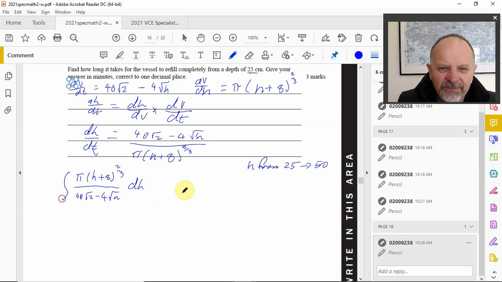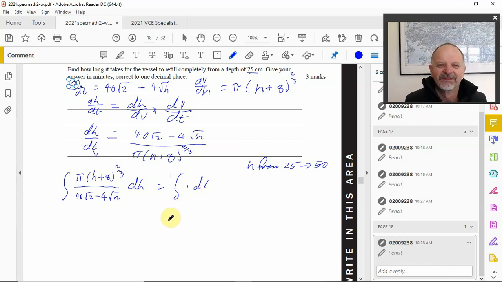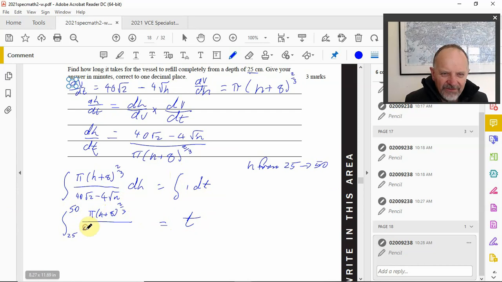Integral of this stuff, and then that's the integral of 1 dt. And so that just becomes the time that we're looking at. And the time that we're looking at is when the depth goes from 25 to 50 of pi times h plus 8 to the 2/3 over 40 root 2 minus 4 root h dh.